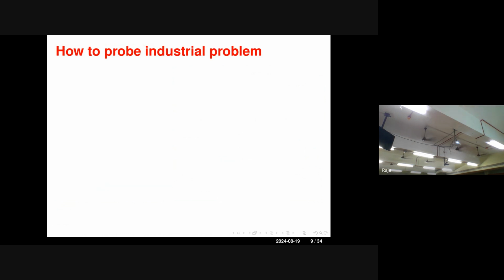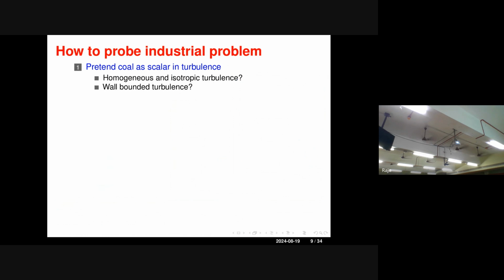So how do we probe such industrial problems? Basically, we can pretend the coal is a scalar acting on turbulence one way. The natural question is whether to treat it as homogeneous isotropic turbulence on which the scalar field acts, or as wall-bounded turbulence.